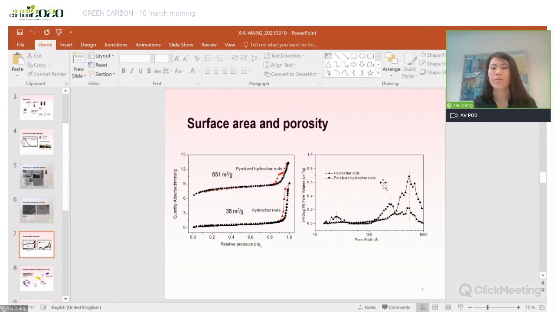And also the pyrolysis makes the spaces among the particles narrower compared with the original hydrochar rods.